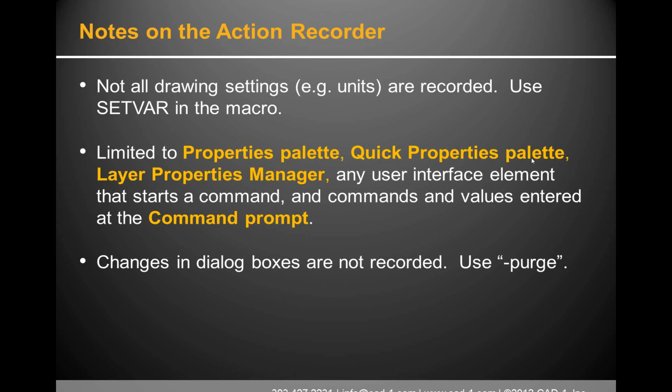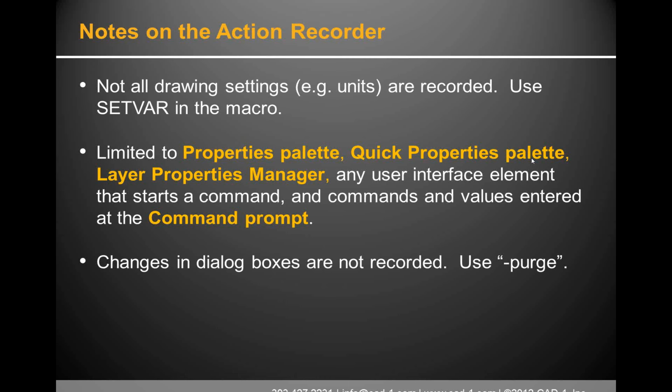Things like the purge command, saving as, maybe changing styles, dim styles and text styles, those all happen within dialog boxes. When you initiate the command, it actually starts a dialog box. AutoCAD is not going to record the changes you make inside of a particular dialog box.